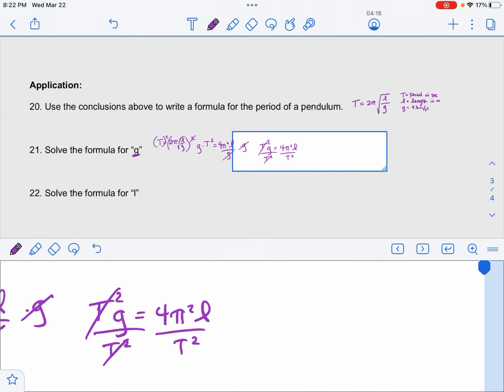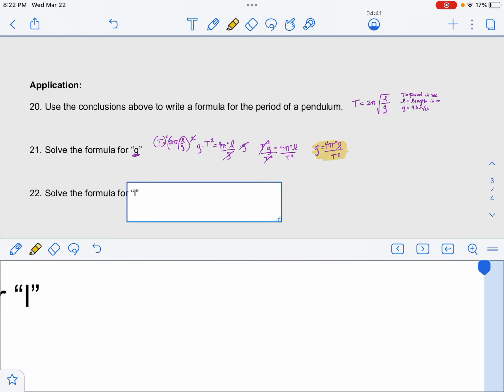And I'm going to end up with G equals 4, forgot the 4, pi squared times L over t squared. So if I were to give you the length and the period, you could find the acceleration due to gravity on a different planet. Okay.